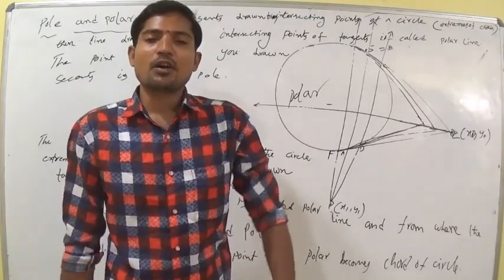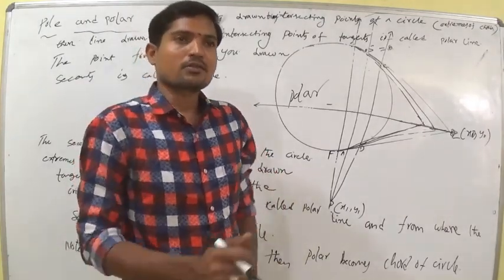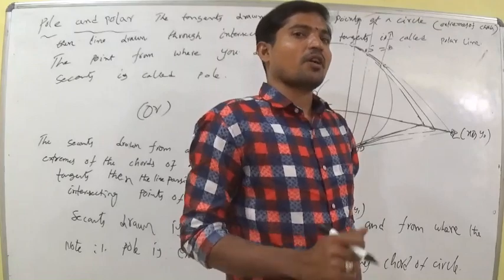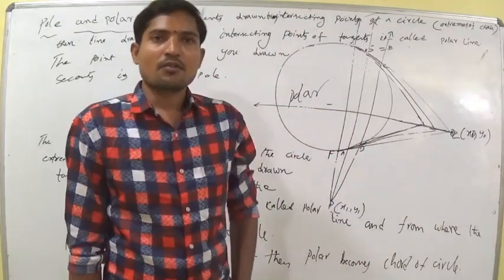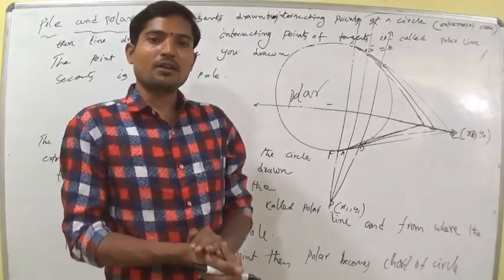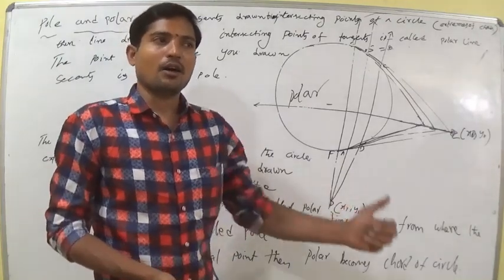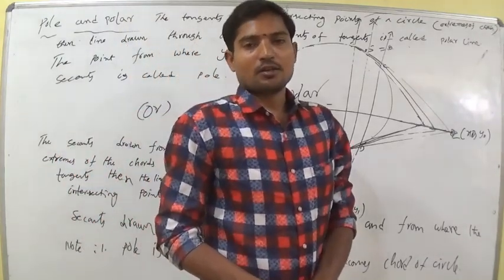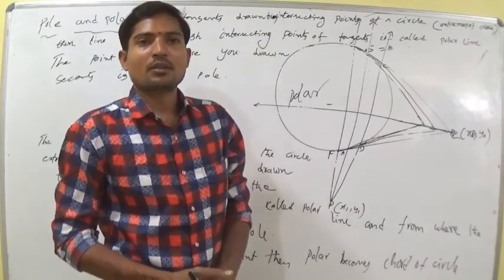General equation of a circle is x square plus y square plus 2gx plus 2fy plus c equal to 0. A point is on the circle, external or internal, depending on S11.